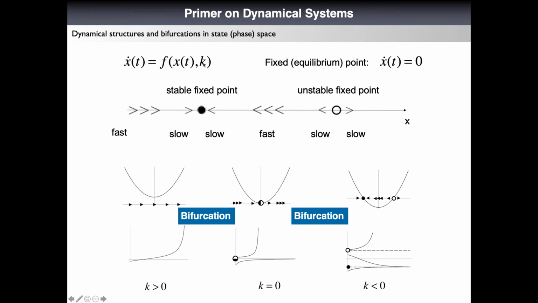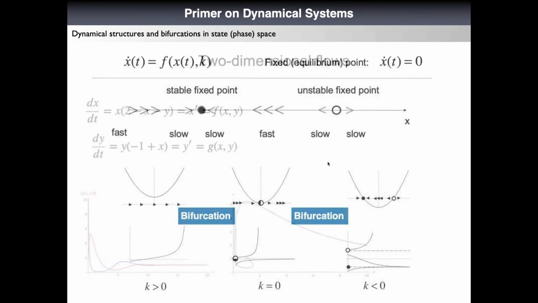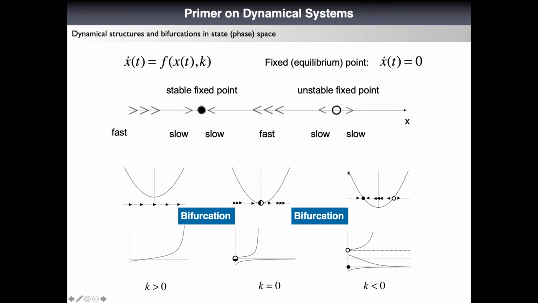And then if we change a little bit the parameter k, we will take another qualitative change to the system and lead to a point like what we were seeing earlier. We have a stable fixed point and an unstable fixed point.